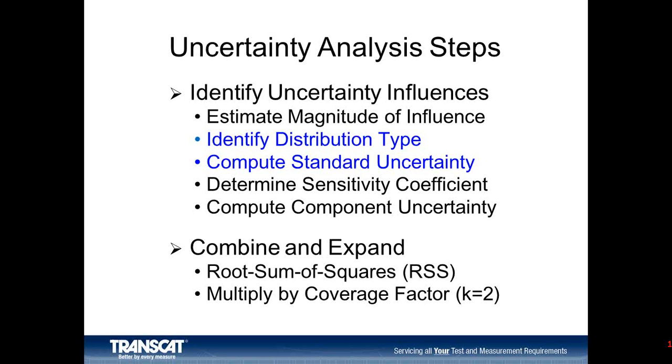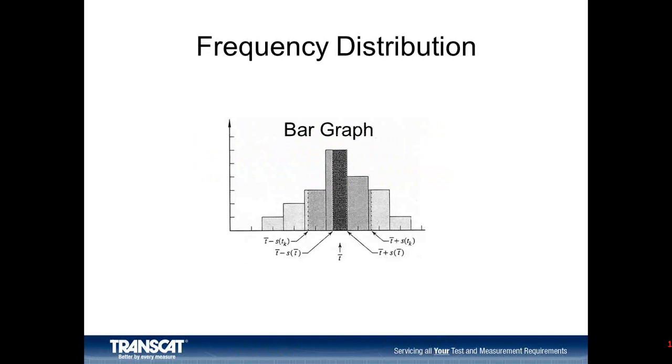Next on the list of considerations in the uncertainty analysis is identifying the type of distribution, so we'll talk about what those are. Referring back to the example of measuring the length of the table, if we measured that table 100 times, we get 100 different but fairly closely spaced values.